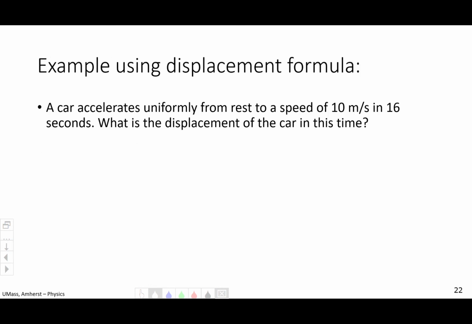All right, so let's go ahead and use this displacement formula. A car accelerates uniformly from rest to a speed of 10 meters per second in 16 seconds. What is the displacement of the car in this time? One of the most important pieces of information here is that it says it accelerates uniformly, right?